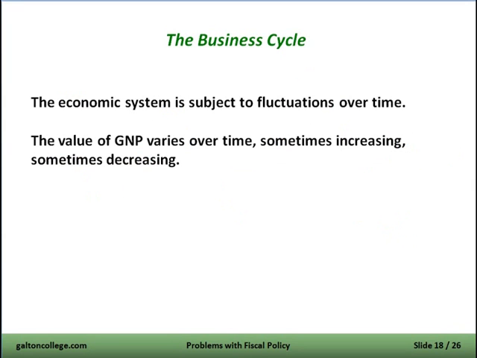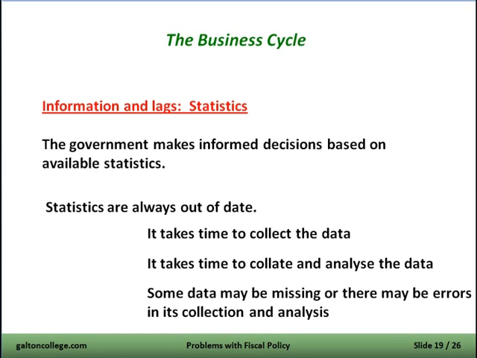Now, the value of GNP, gross national product, varies over time, sometimes increasing and sometimes decreasing. So the problem with the business cycle is that there are information lags in the statistics. Statistics are always out of date. It takes time to collect data.